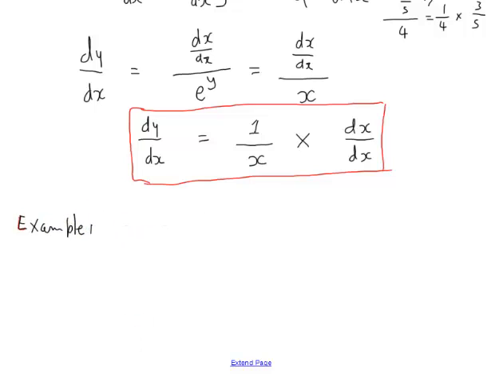Let's say we've got y equals ln of (x squared plus 1). I've chosen carefully there that the argument is positive: x squared is positive, plus 1 it will be positive, so that is fine. Now I want to differentiate.